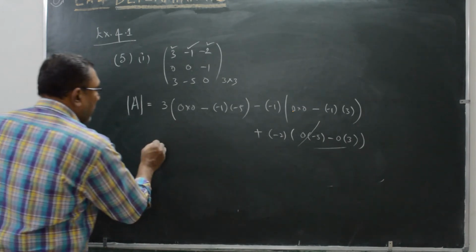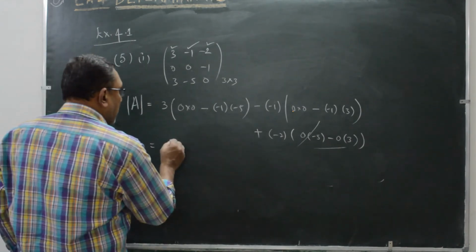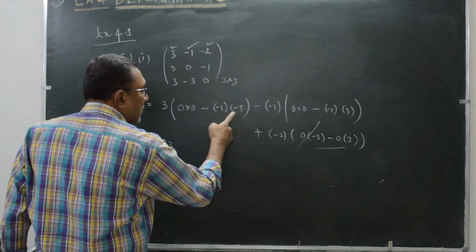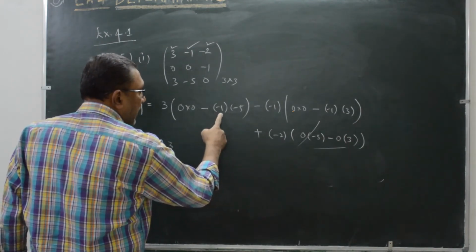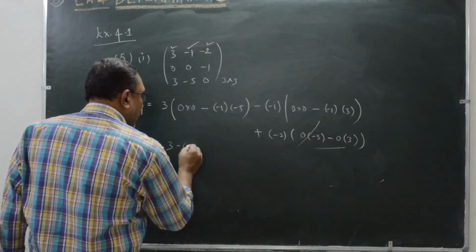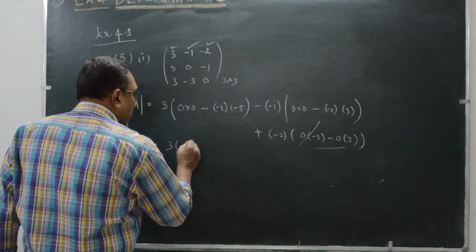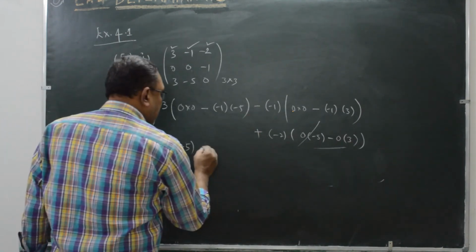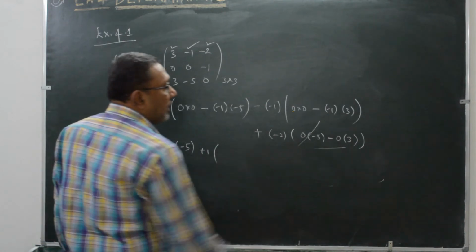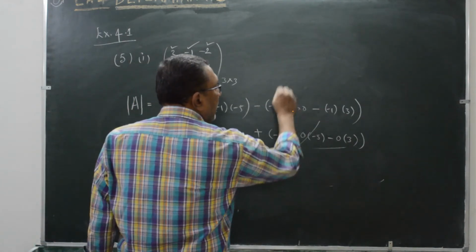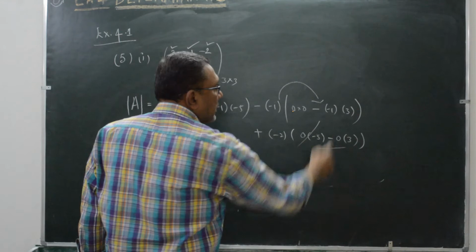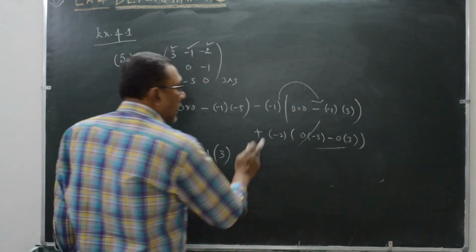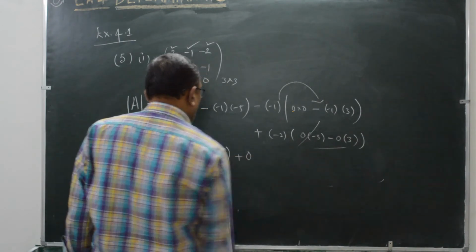So, we will come here for simplification. We are left with 1, it is minus 5 into minus 1 is plus and there is a minus. So, I will keep it as it is, 3 multiplied by minus 5, minus into minus is a plus 1, and here I am multiplying, minus into minus is plus, 3 plus 3, and here it is 0.